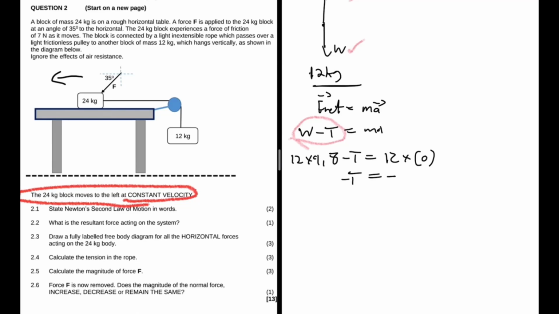So we're going to have minus tension being equal to minus, let me just put that in my calculator real quick. I don't want to embarrass myself, right? So we have 12 multiplied by 9.8, that is 117.6. So our tension is basically 117.6 newtons.